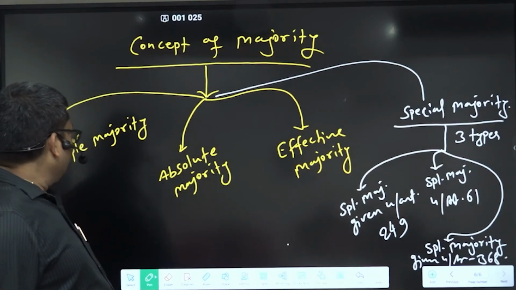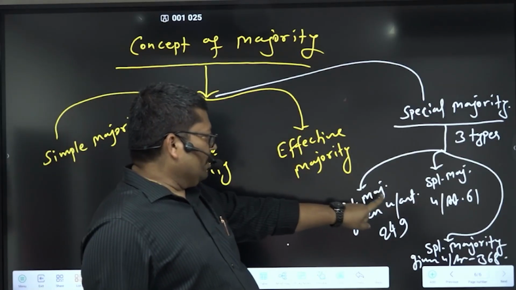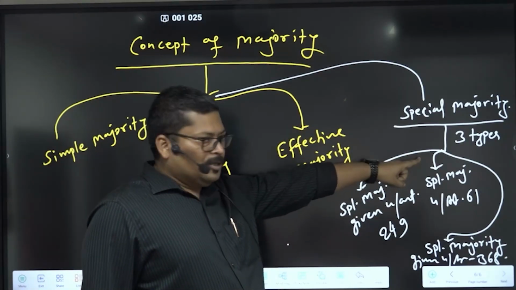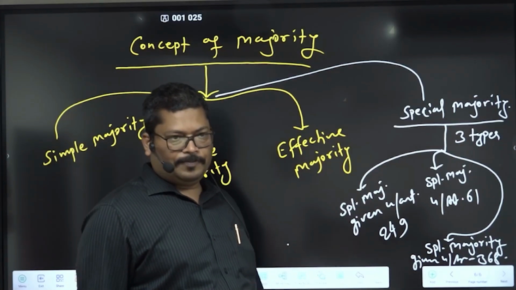So let me repeat this. Special majority are of three types: special majority under Article 249, special majority under Article 61, special majority under Article 368.